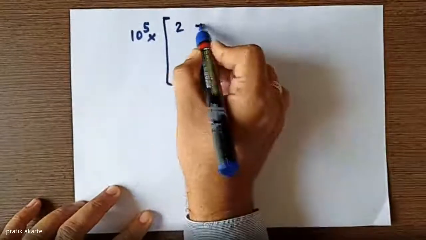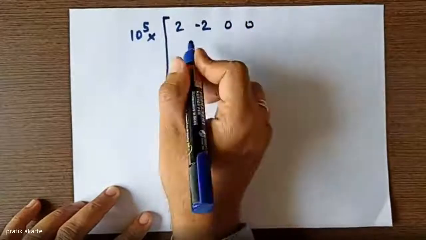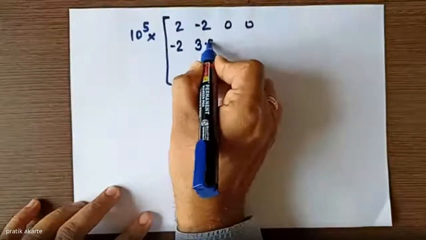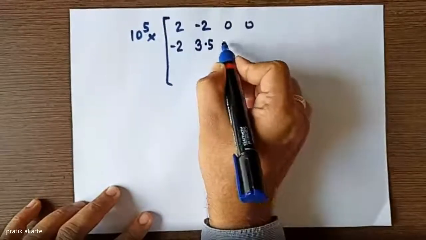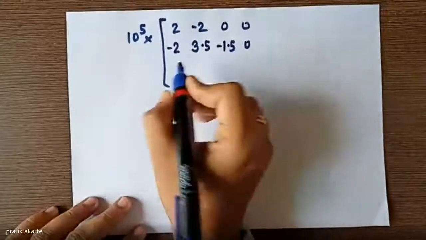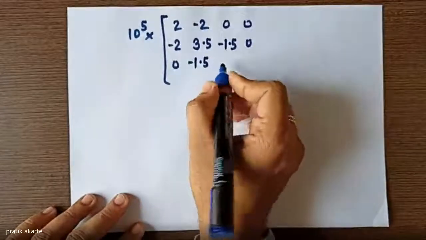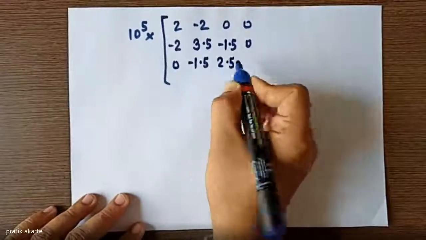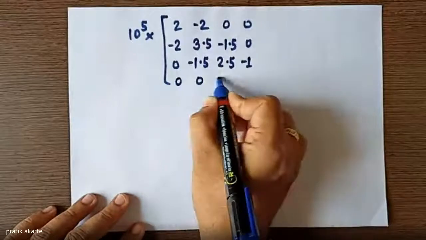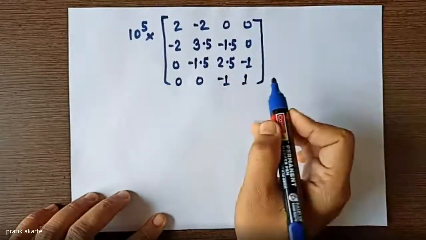2 minus 2, 0, 0, minus 2, 3.5, which is addition of 2 and 1.5, minus 1.5, 0, 0, minus 1.5, 2.5, and minus 1, 0, 0, minus 1, 1. This is your global stiffness matrix.